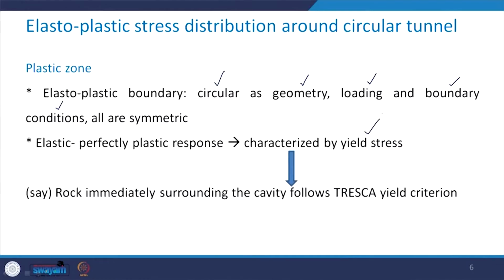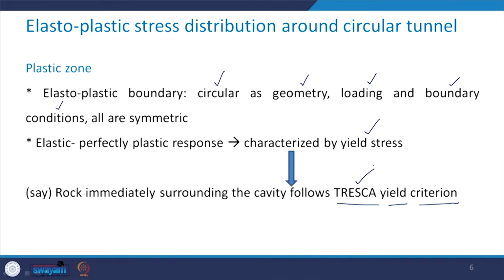We are assuming an elastic perfectly plastic response of the rock, which is characterized by a yield stress, and it is assumed that the rock immediately surrounding the cavity follows the Tresca yield criterion. It is not necessary that it follows the Tresca yield criterion; it can follow the Mohr-Coulomb failure criterion as well.